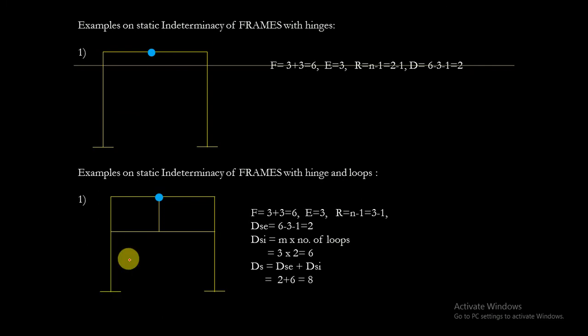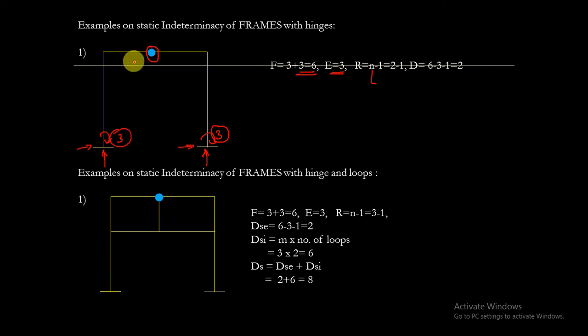And let us see the static indeterminacy of the frames when a hinge is given. Number of unknown reactions here is 3. Number of unknown reactions here is 3, and we have 6 unknown reactions, and equilibrium equations is 3. That is R equals to n minus 1.